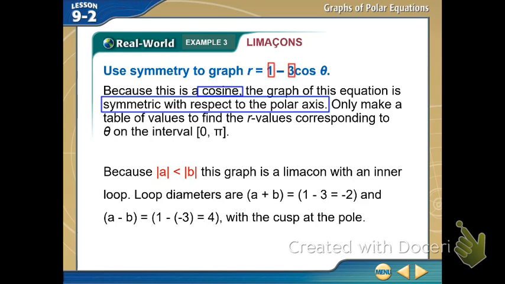So like here, I have 1 is definitely less than 3. So this will be a limaçon with an inner loop, and the loop diameters will be A plus B, right, which is going to be 2 in this case, and the negative just means it's going to face left. And then A minus B will give us a diameter for our outer loop of 4. And then, of course, the cusp will be at the pole.